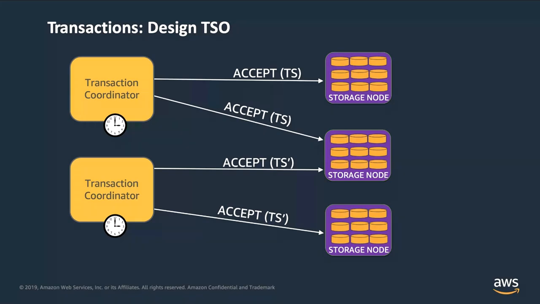Serializability holds even if the different coordinators do not have synchronized clocks. But if the clocks of different coordinators go out of sync, there may be a case where transactions start aborting unnecessarily, and I'll talk about it in a few slides.